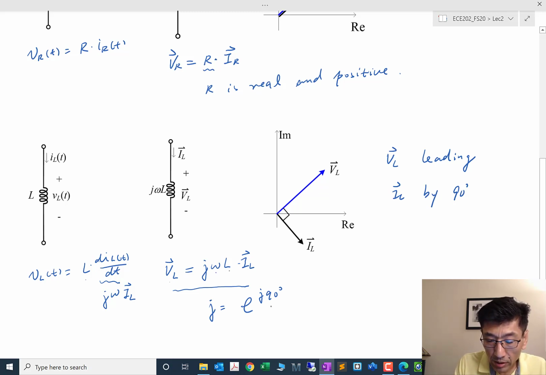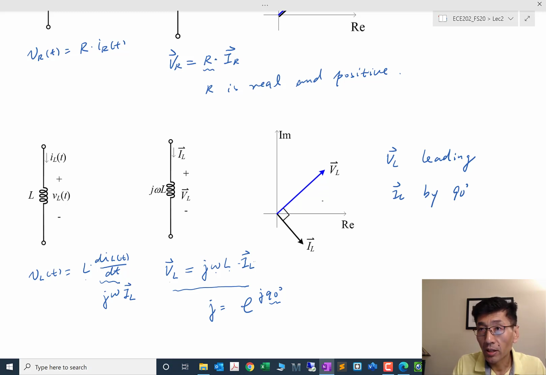So you have this 90 degree angle added onto the current angle. If the angle adds up on the complex plane, V sub L is further in the counterclockwise direction. So that's what this leading is.